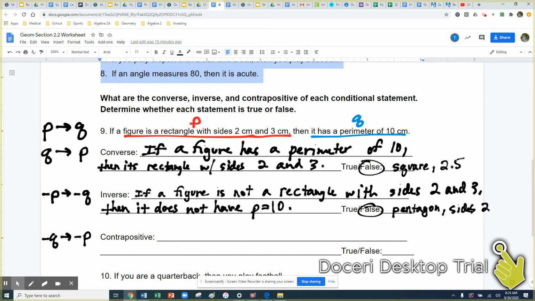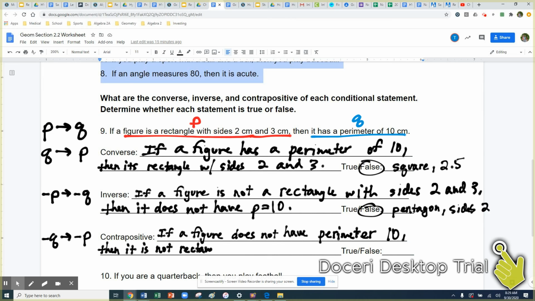So we're going to say, if a figure does not have a perimeter of 10, then it is not a rectangle with those sides 2 and 3.